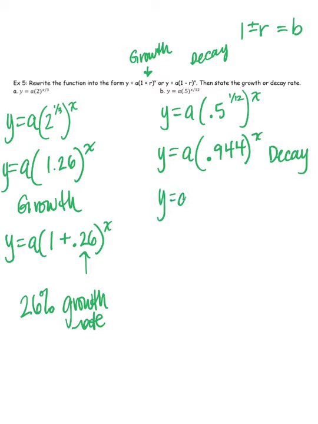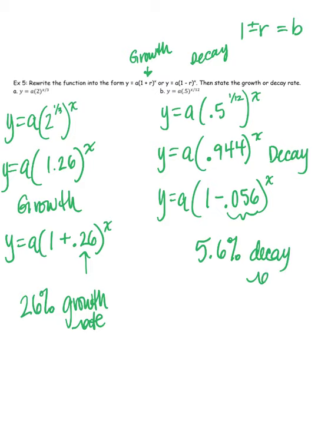That's going to be 1 minus 0.056. That's what gave me 0.944. And remember, this decimal right here shows me the percent of that decay. Move that decimal 2 places to the right, and we get a 5.6% decay rate.